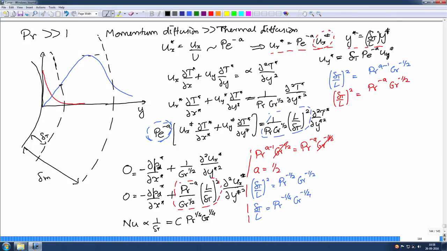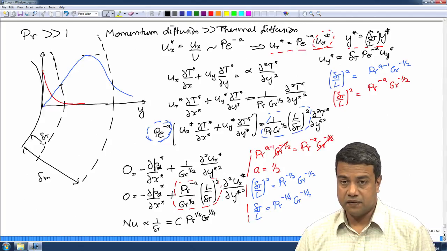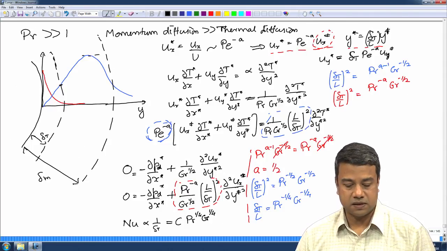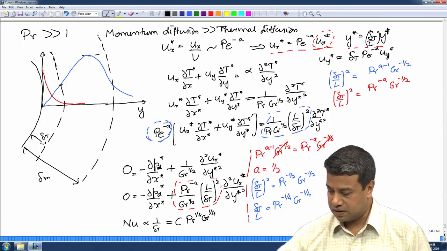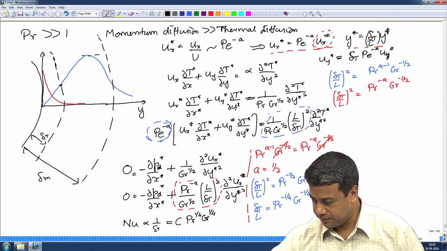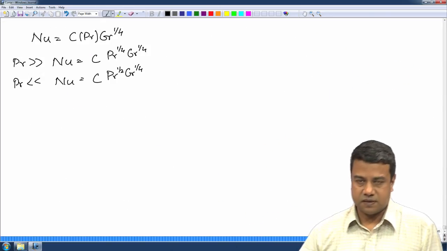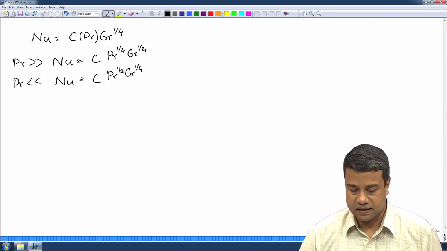So, that gives us the individual dependence on the Grashof number and the Prandtl number in the limit as the Prandtl number becomes much larger than 1, or the thermal boundary layer thickness is much smaller than the momentum boundary layer thickness. So, finally, these are the relations we have for natural convection.